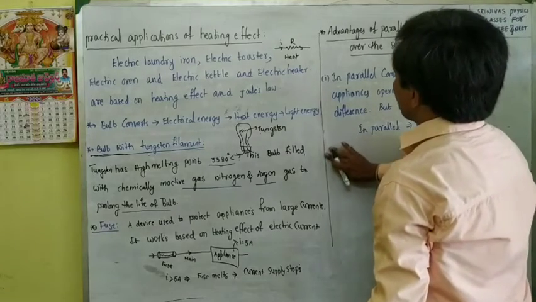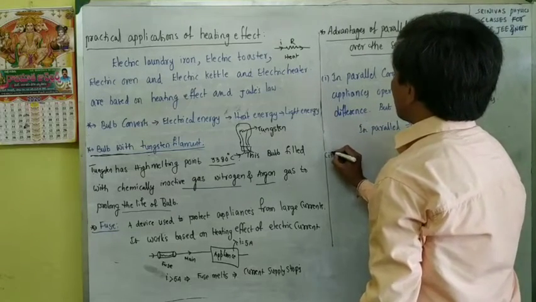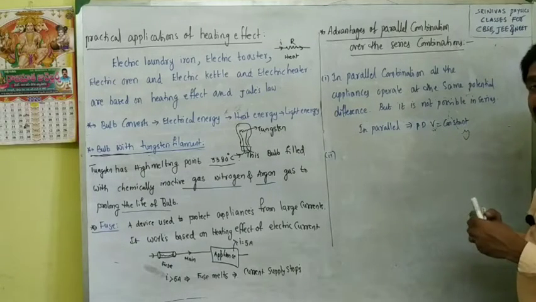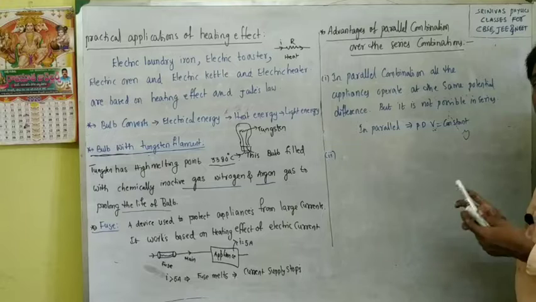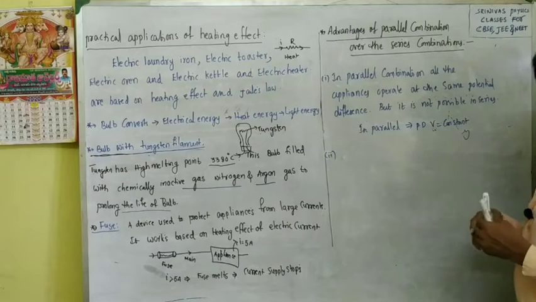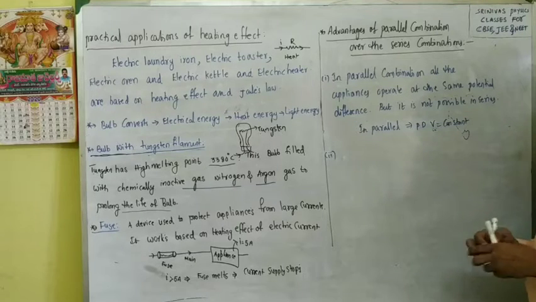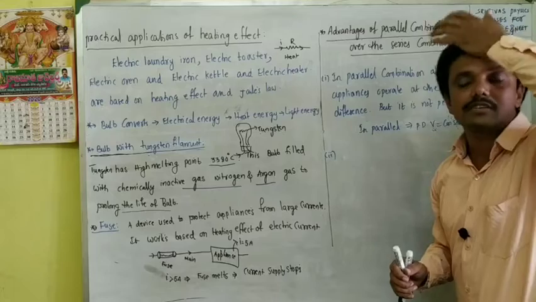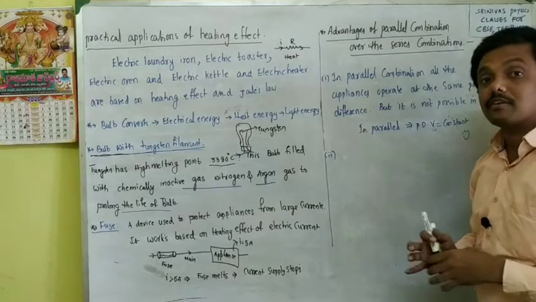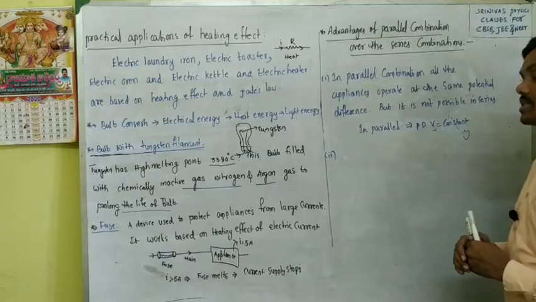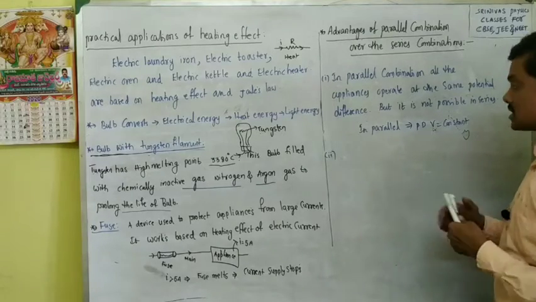And we have different appliances, fan, tube, and television, which have different resistances. Different resistances mean they require different currents. That different current is possible only in parallel combination, because in series combination the same current passes.